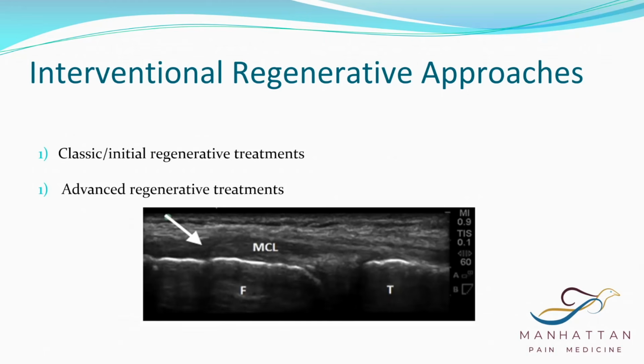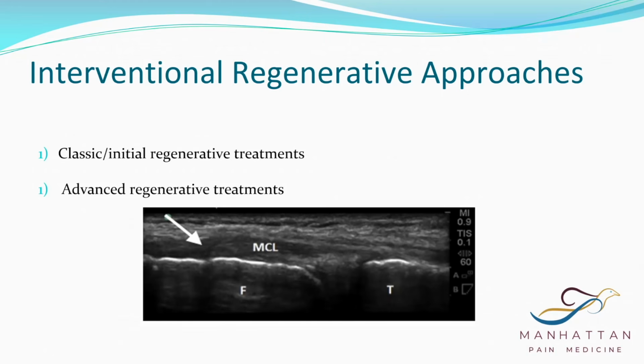For the more advanced regenerative treatments, I'll identify where there might be micro tears, tendinopathy, or ligament injury, and structure the treatment in a more focused way, in order to be more thorough.